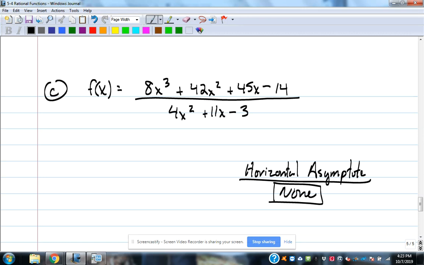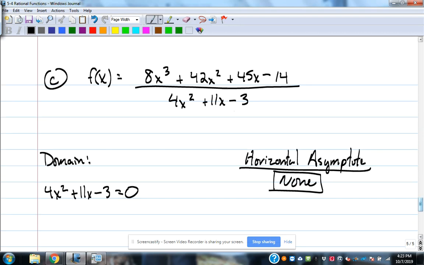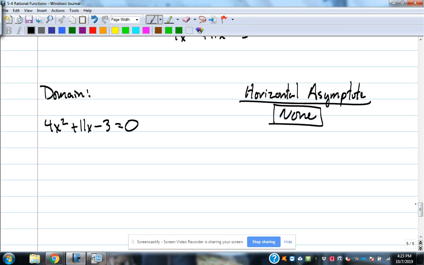So this is going to be, it's one of the reasons it's a little tougher, because that long division's in there. Okay, so the first thing I want to do though is work on the domain. And again, that comes from setting the denominator equal to 0 and solving it, preferably by factoring.